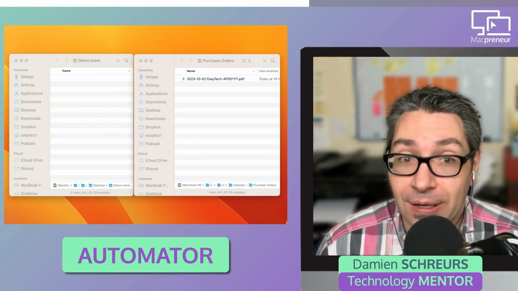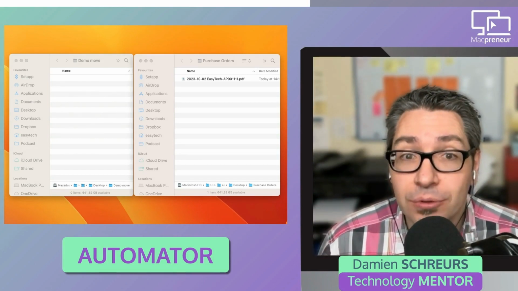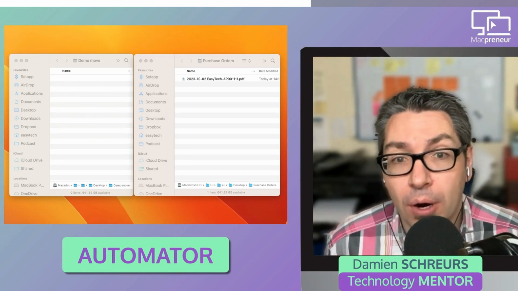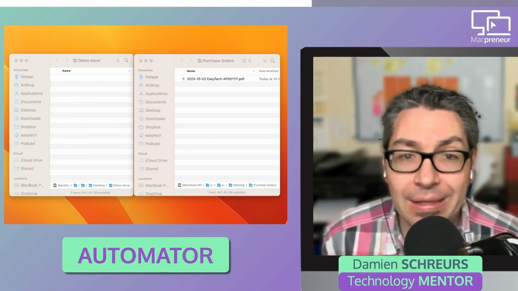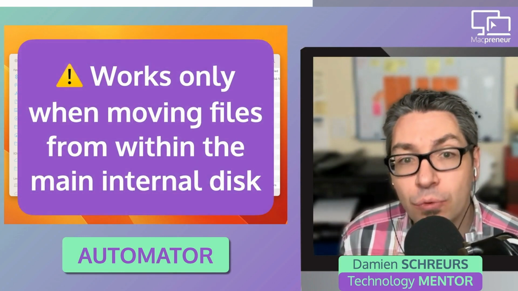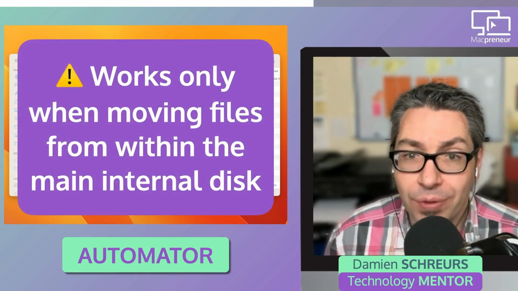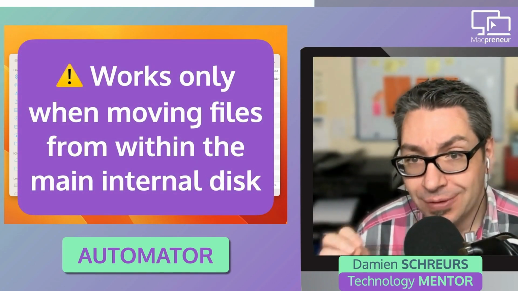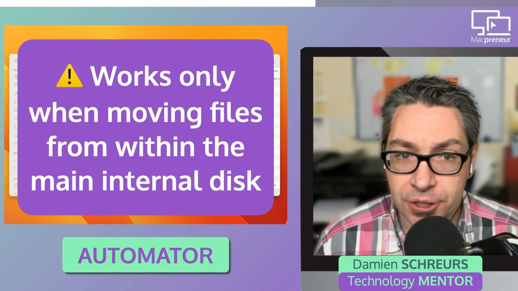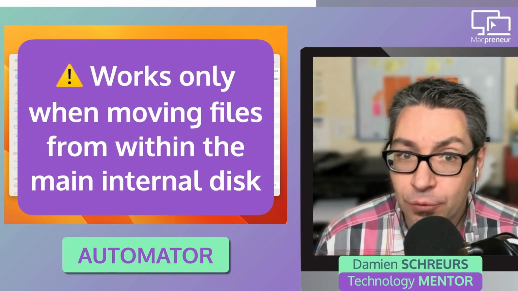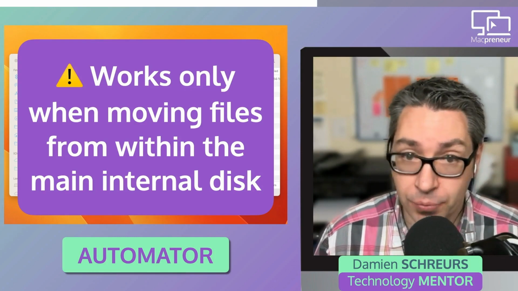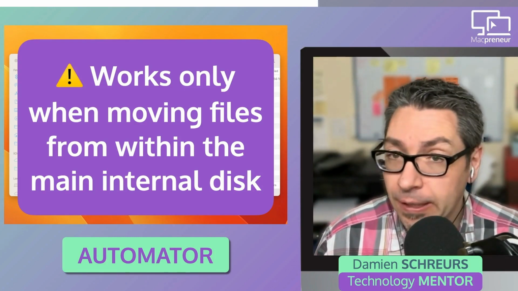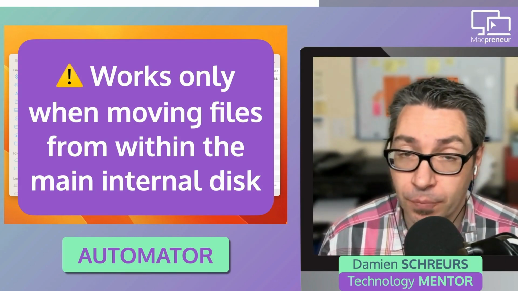There is an important thing to know about folder actions. It only works when moving files from within the main internal disk. It's usually called Macintosh HD. In other words, if you copy a file, for instance with Command C then Command V, the action will not trigger.